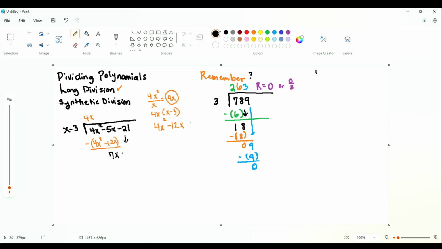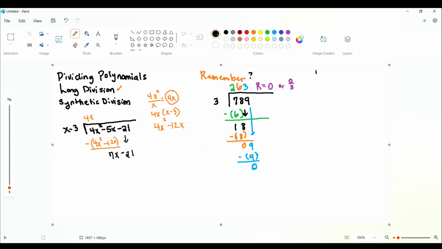That turns into negative 5x plus 12x, or 7x. Bring down the next number. Always pay attention. That gives us 7x minus 21.